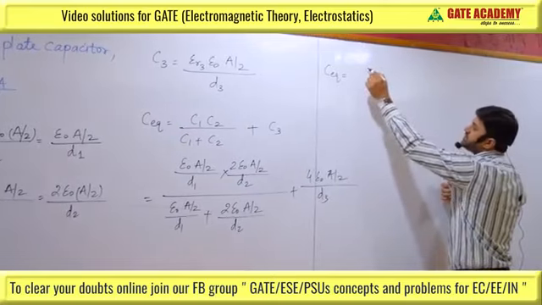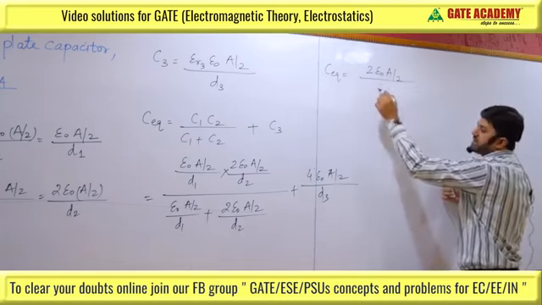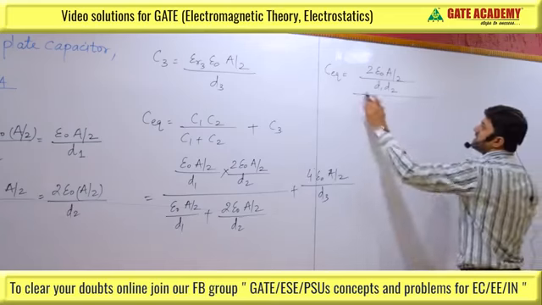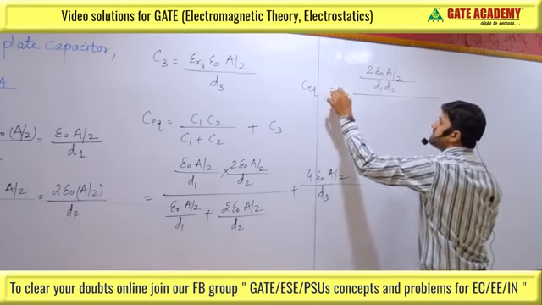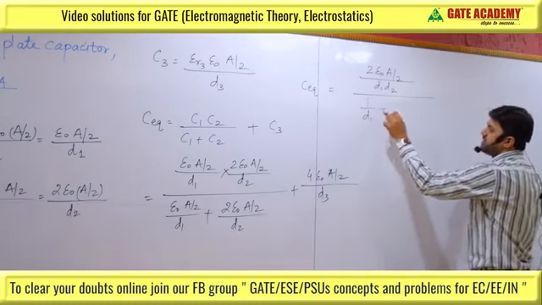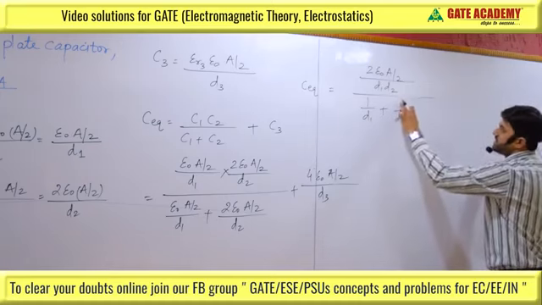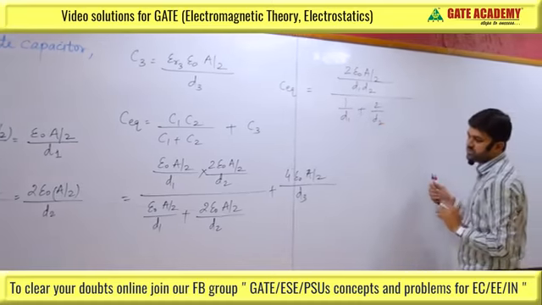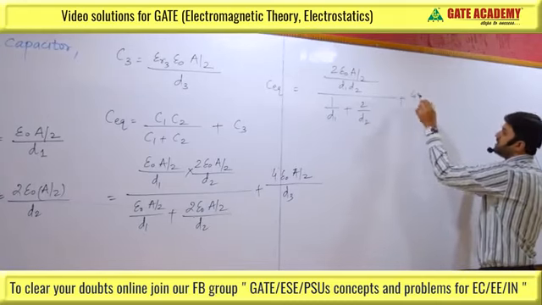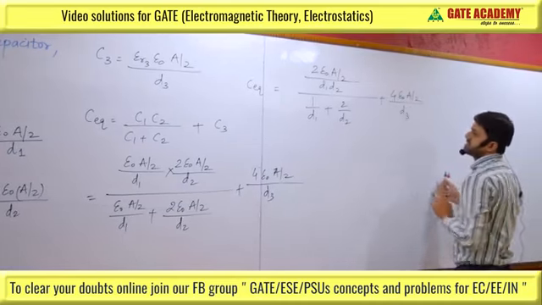So this is 2 into epsilon naught A upon 2 divided by D1 D2 in the numerator, whole divided by epsilon naught A by 2 which we have taken as common, 1 upon D1 plus 1 upon D2, and this will be 2 upon D2, plus 4 epsilon naught A by 2 divided by D3.